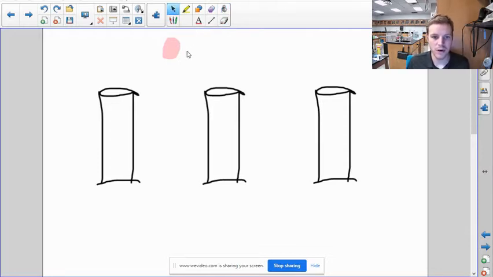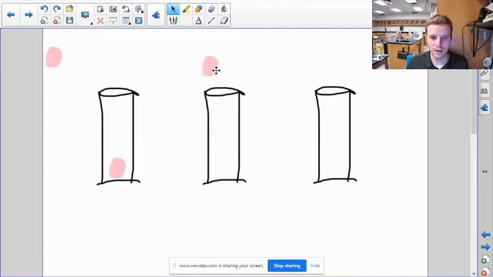Okay, so golf ball number 1. I'll go ahead and copy and paste that a couple of times. There we go. Golf ball number 1 sank to the bottom of the graduated cylinder.